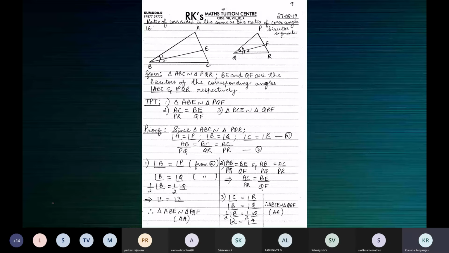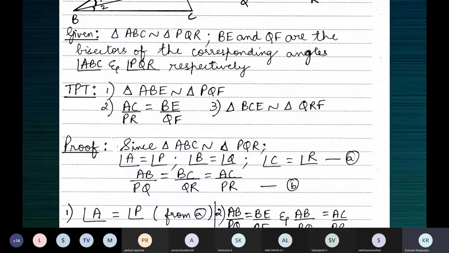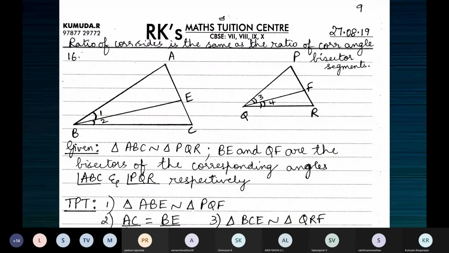You can draw medians, altitudes, angle bisector segments. So here, angle bisector segments. You'll have to write down a note. In two similar triangles, you know what to write down.